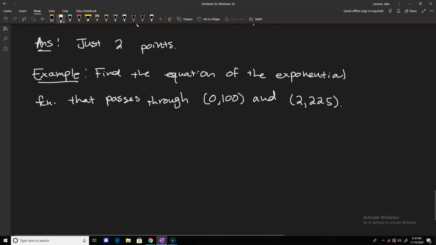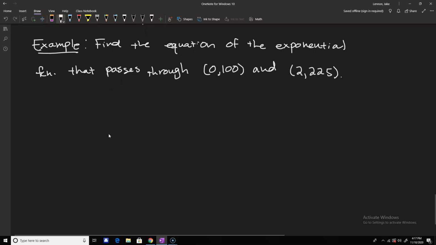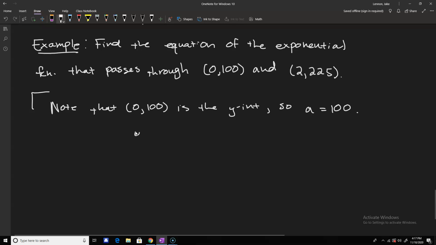This one is kind of the easier version of this problem, and the reason is I've given you one very particular point, which is the y-intercept. So note that (0, 100) is the y-intercept. So a is just the value 100. So we already know that our equation looks like y equals 100 times b to the x power. And we haven't used any of the information about the other point, (2, 225).